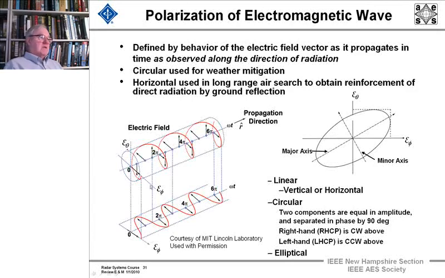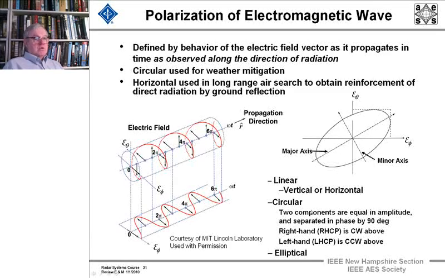If we take two different electric field sine waves and offset them by pi over 2, the circular electric field, they're equal in amplitude and separated by a phase of pi over 2, you get either right-handed or left-handed circular polarization, depending on whether the electric field is moving counterclockwise or clockwise, and we'll see a visual of that in a moment.